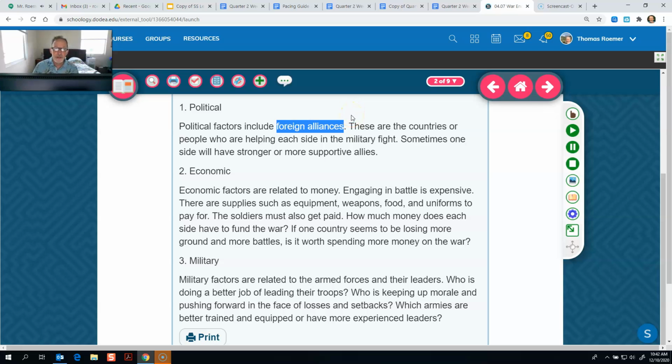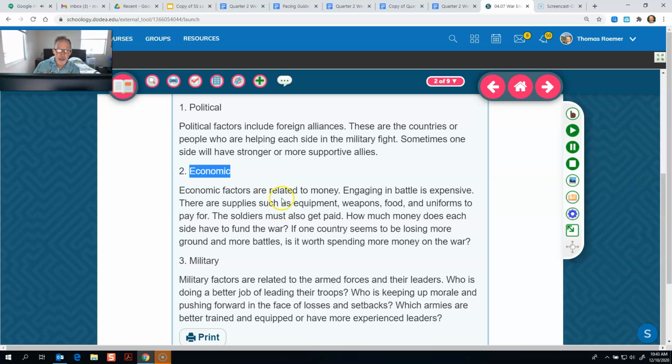Okay, so it's a mutual understanding. Okay, so they help each other, and sometimes one side has stronger or more supportive allies. So in this case, we had allies in the French, okay, and they were pretty strong, and they could help us out a lot.